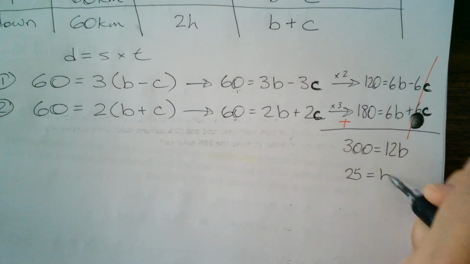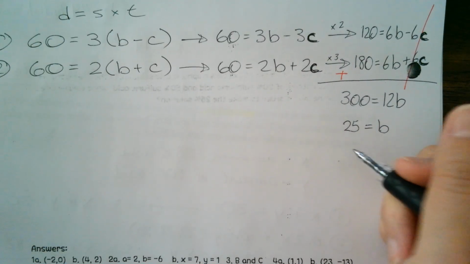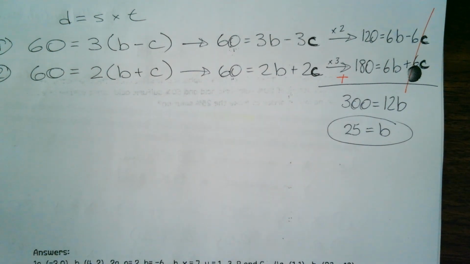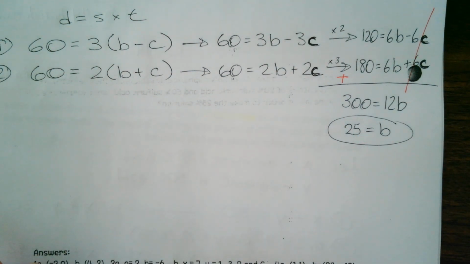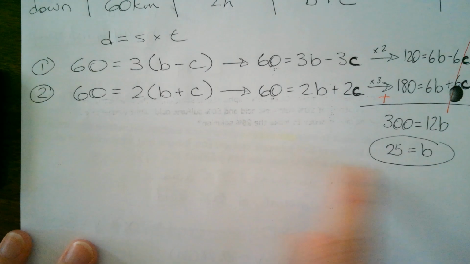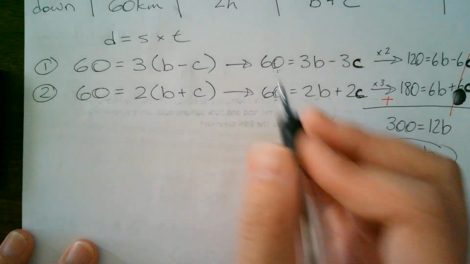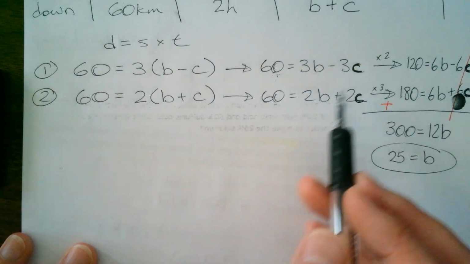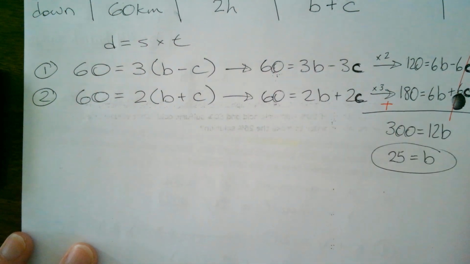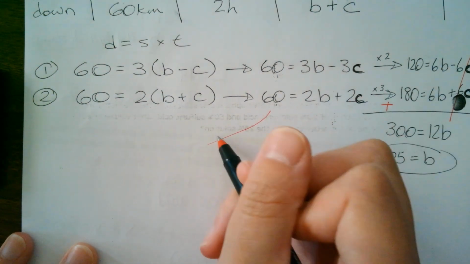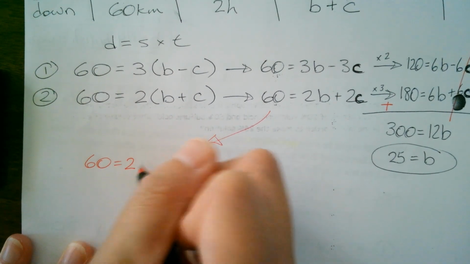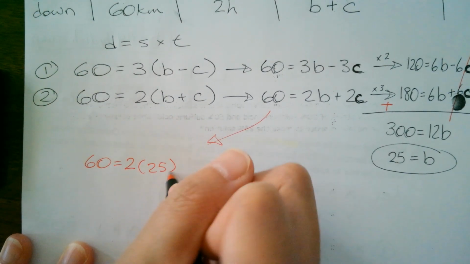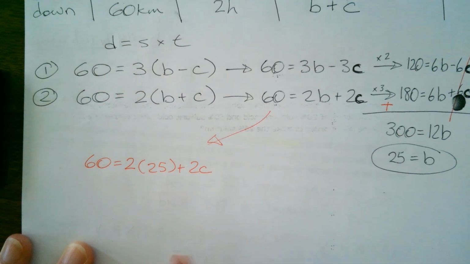25. So here, I'll show both ways. I'm not including my unit in here, but I'll include it in the therefore statement. Substitute this back into the original equation. Let's say this one. So 60 equals 2 times 25 plus 2c.